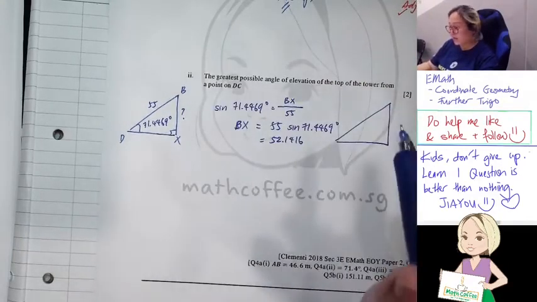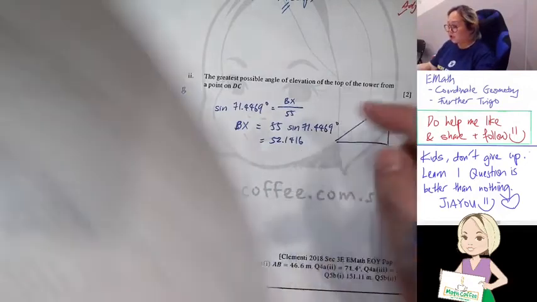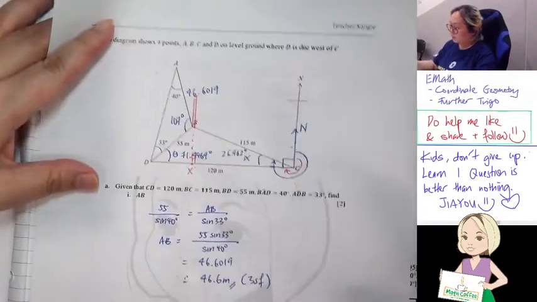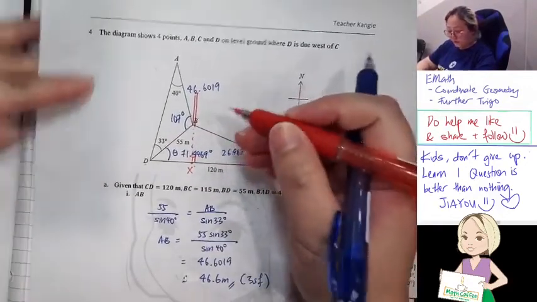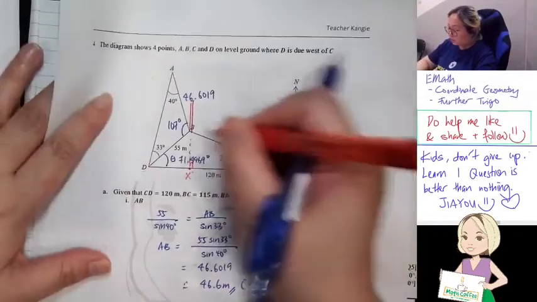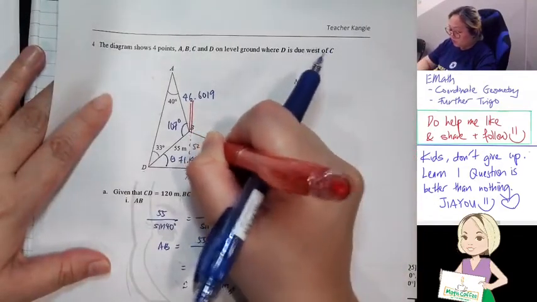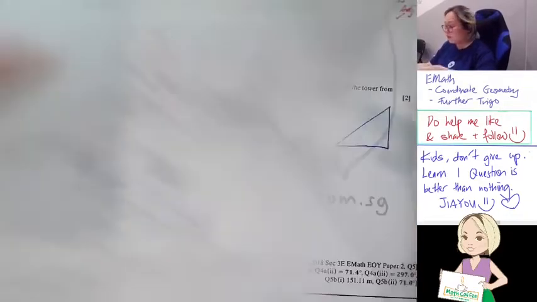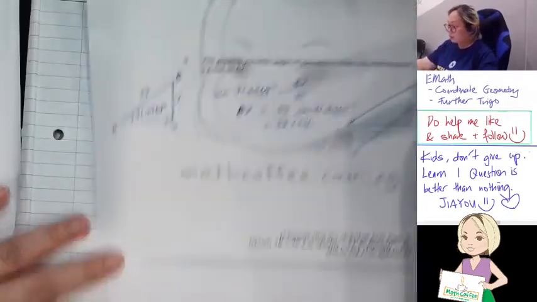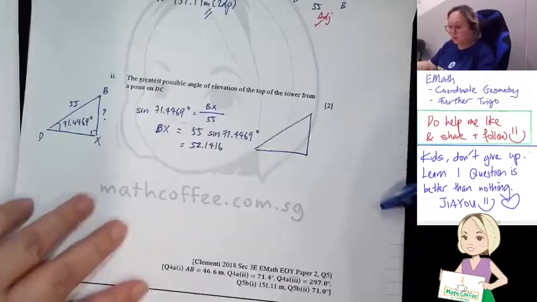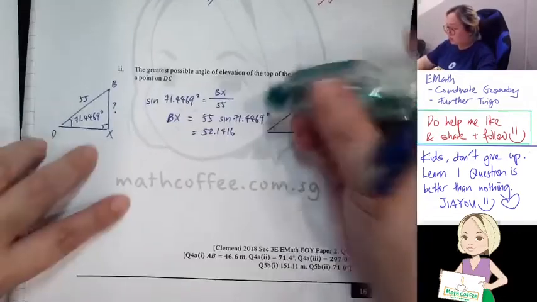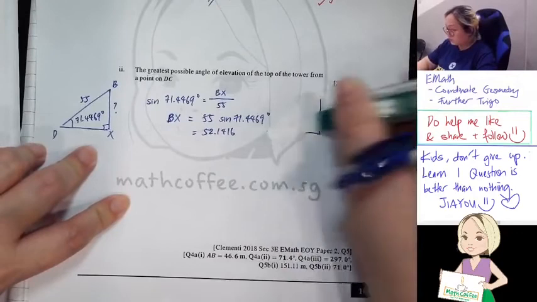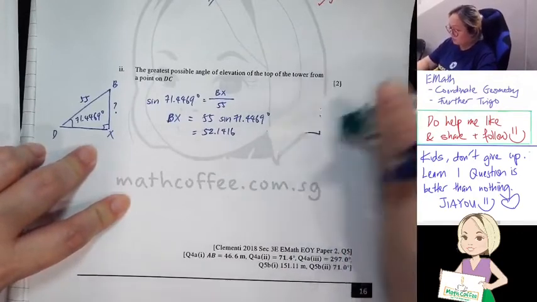We are not done yet. This is only the shortest distance, which is our 52.1416. Okay. I need to find what's my greatest angle of elevation. So I need to draw another triangle. I'm not going to draw here, so we're not going to confuse you. I will draw it at the bottom.